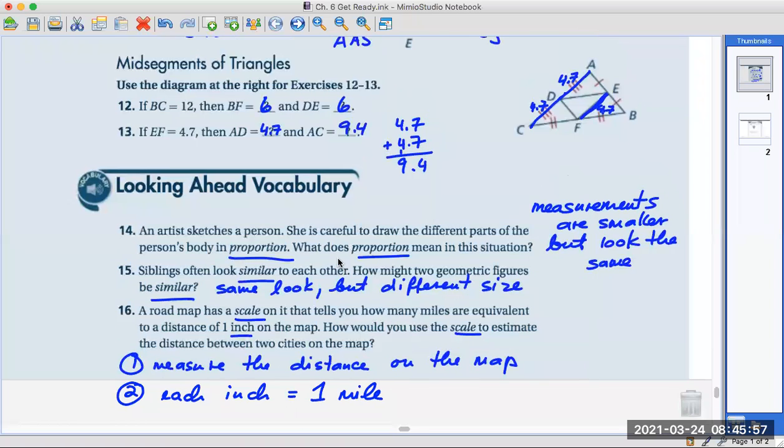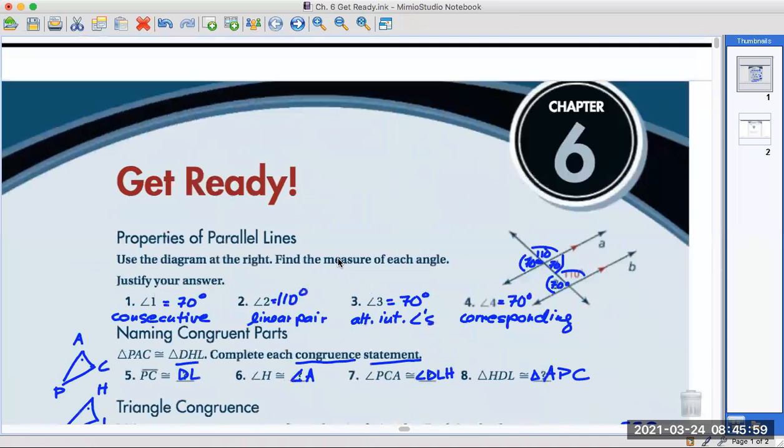So please go to SavvasRealize.com, sign in. In your class, you'll find a short quiz.